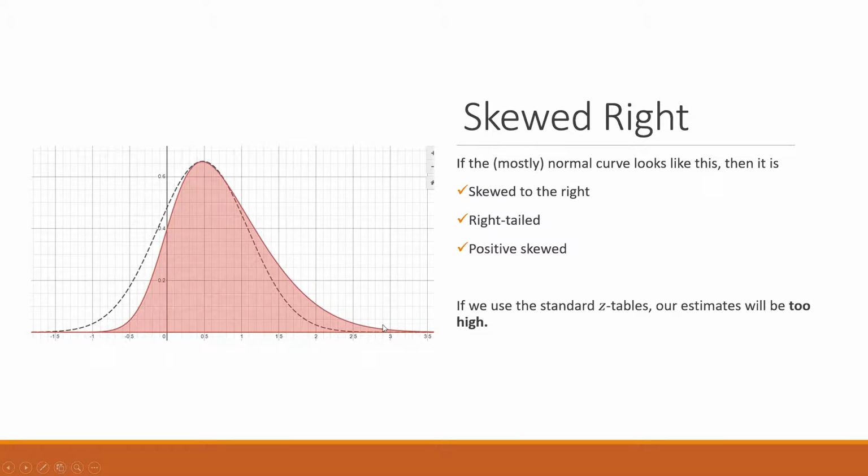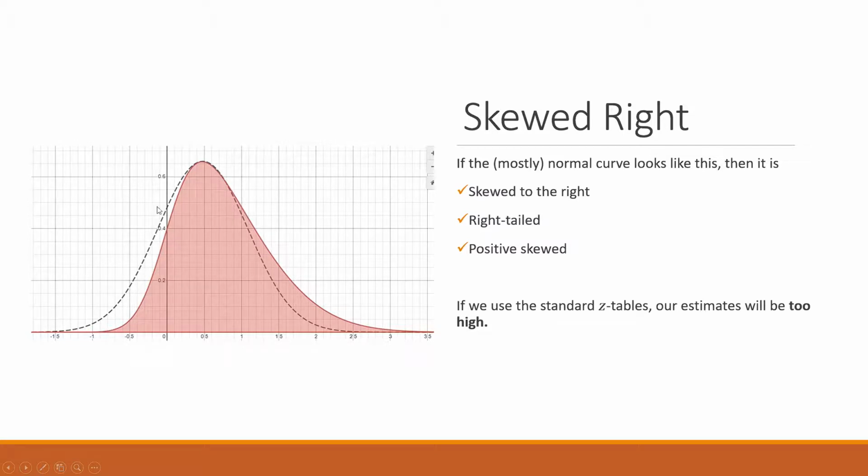Now, that said, the issue with skewed data is it's still normal-ish. You can still find a mean. You can still find a standard deviation, which means you can still make z-scores. You can still look it up on the normal z-tables, and you'll still get numbers. But I want you to notice something.